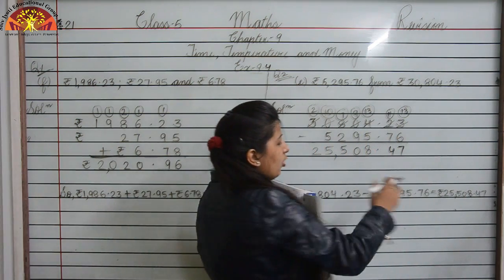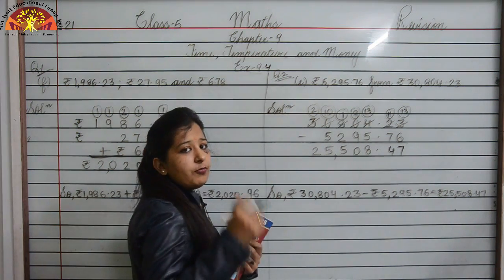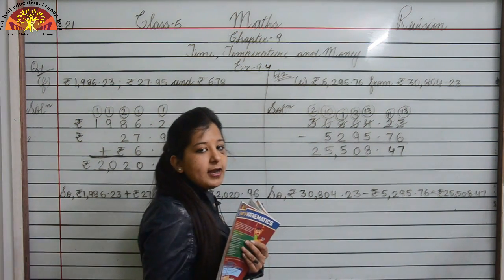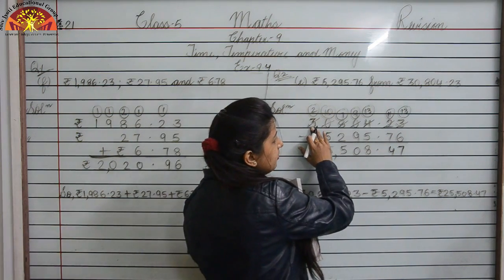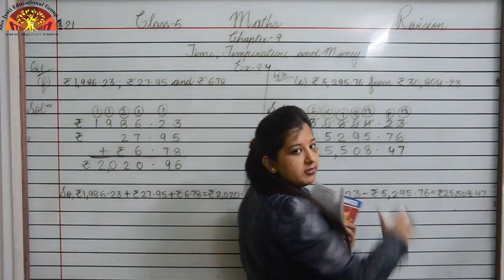Now we will arrange all the numbers like this. First of all, here you can see "from" is written here. So we will write the right hand side money at first. So first of all we will write 30,804 rupees 23 paisa.